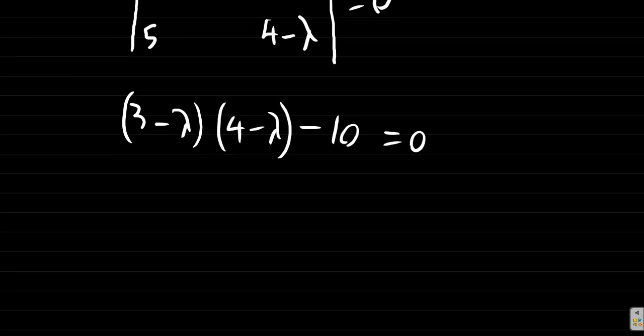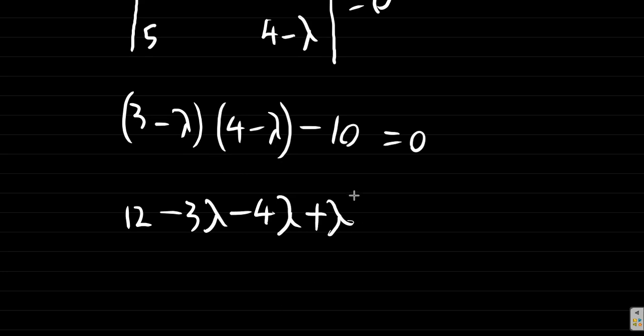Let's multiply out the brackets. 3 by 4 is 12. 3 by negative lambda is minus 3 lambda. Negative lambda by 4 is minus 4 lambda. Negative lambda by negative lambda is positive lambda squared. Minus 10 equals 0.